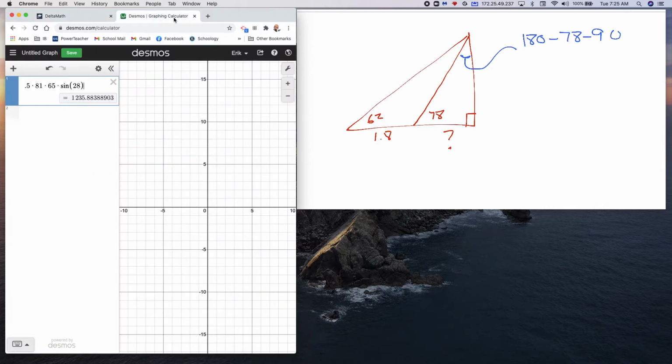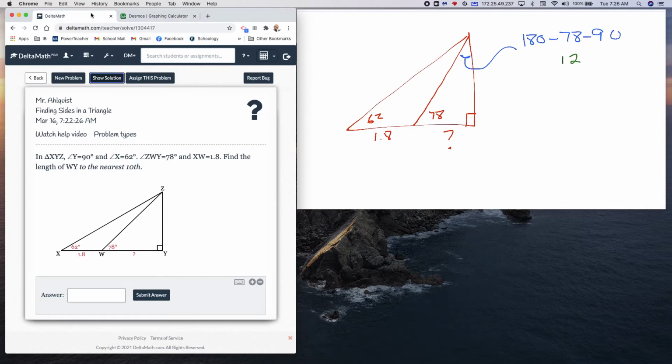So let me do that real quick on my calculator. 180 minus 78 minus 90, and I see that this one is 12 degrees. And if I go back, I can actually find this angle as well, because notice that that angle is part of this big triangle right here.